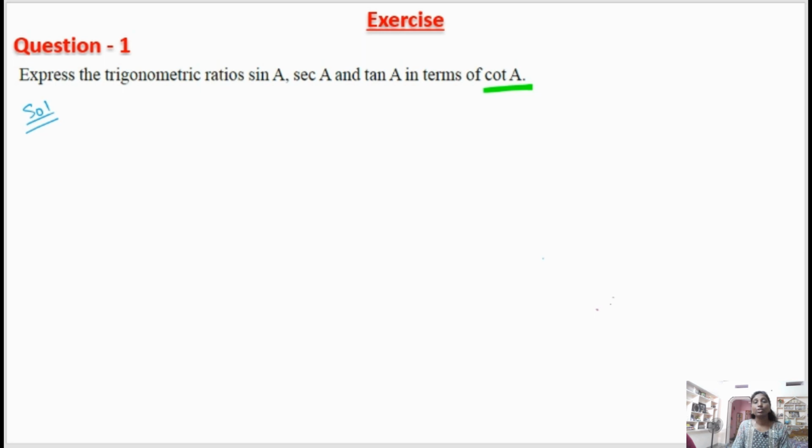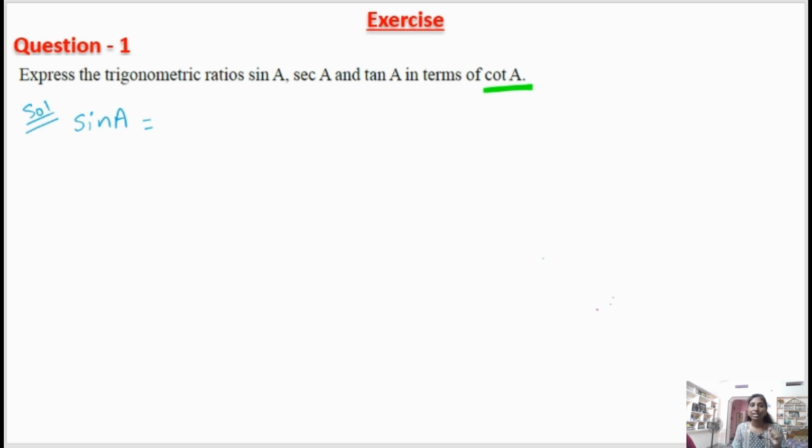Using trigonometric identities, we can express any trigonometric ratio in terms of another trigonometric ratio. Here first we will take sin A. We have to start from sin A and express it in terms of cot A. So how will we reach there?